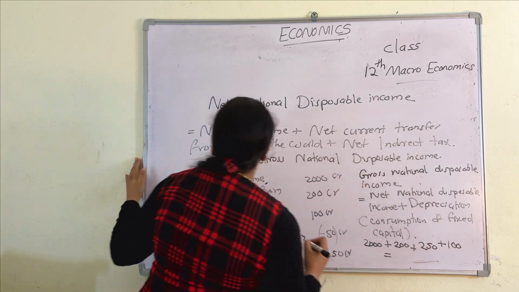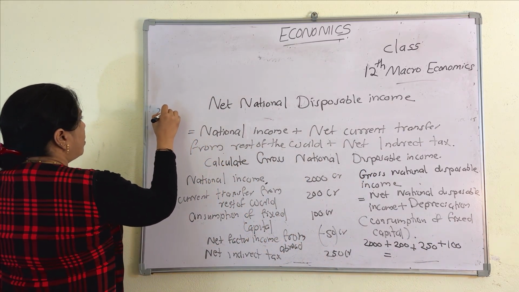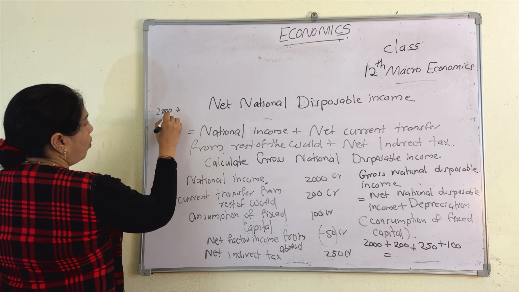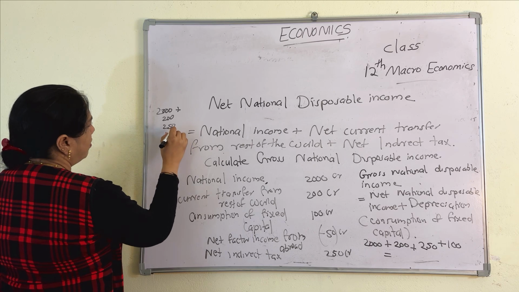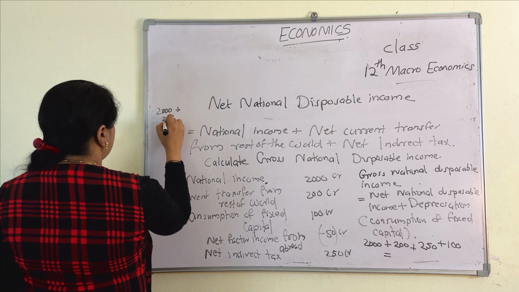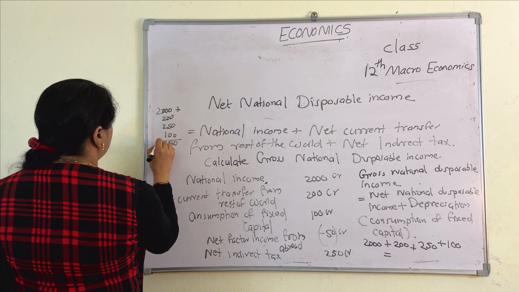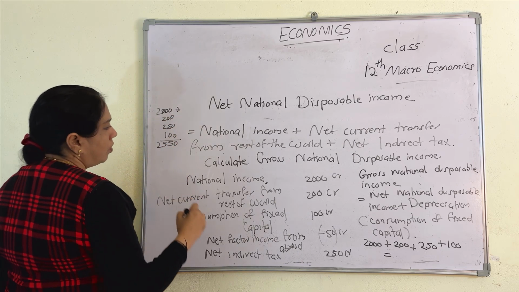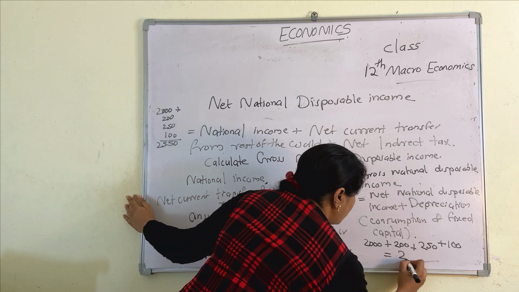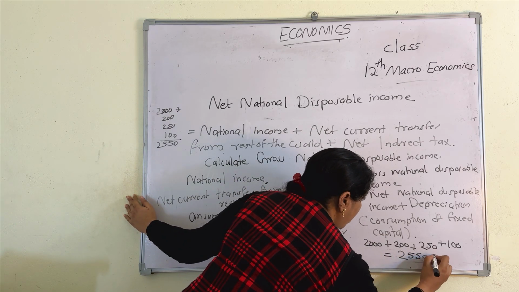Okay. Now you have to find out the answer. 2000 plus 200 plus 250 plus 100. The answer is 2550 crore.